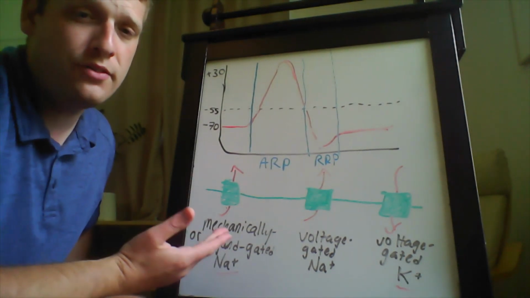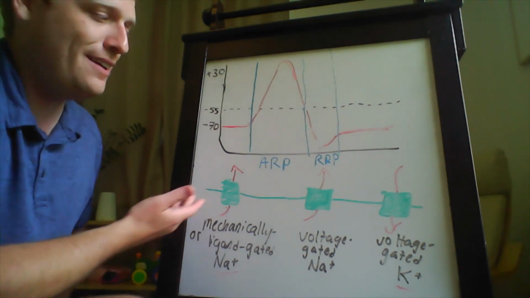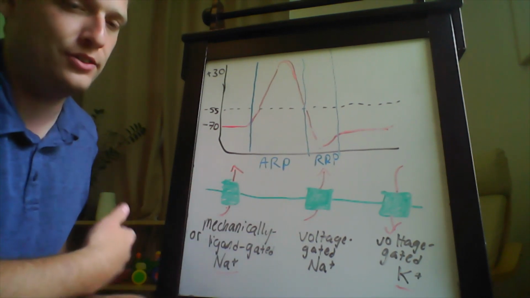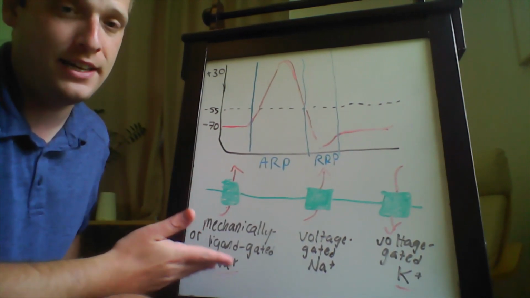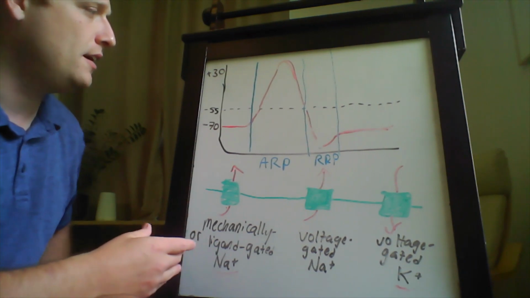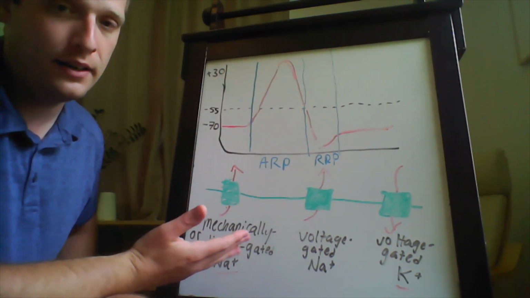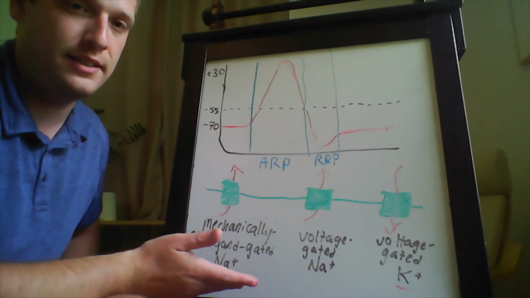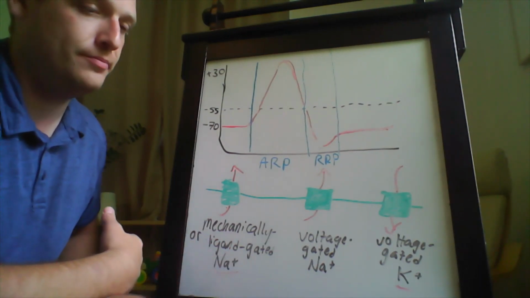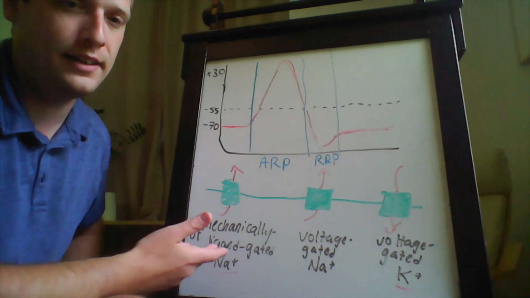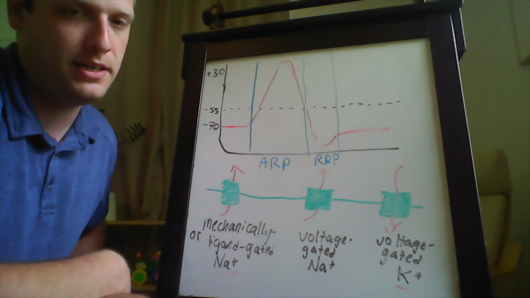So make sure you've got a good grip on what the events are that are happening during electrical activity in a neuron, and what the voltage across the membrane of that neuron is going to look like during these events, up to and during and after an action potential.